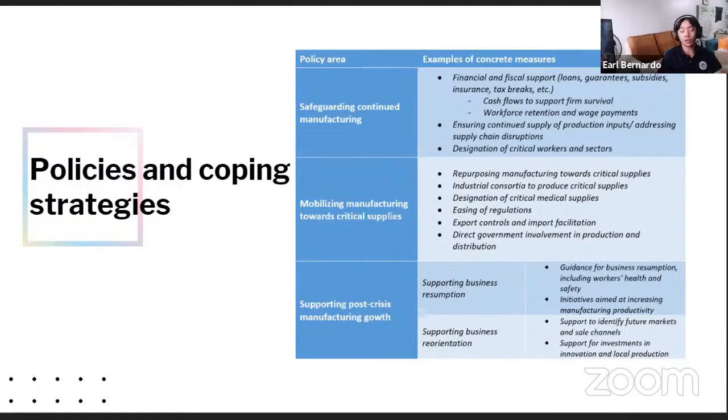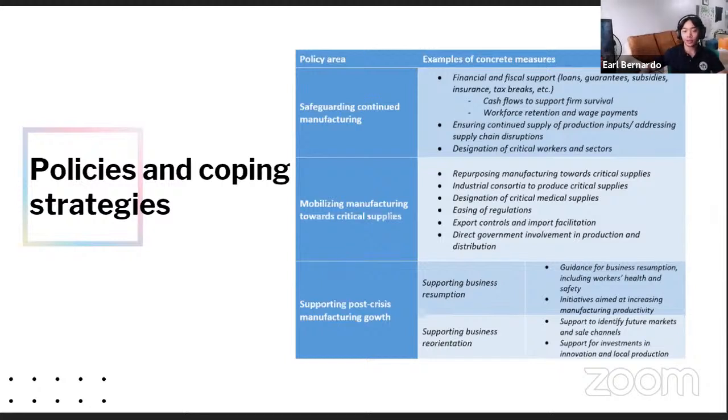There is ensuring continued supply of production inputs and addressing supply chain disruptions. So paano mas magiging efficient yung paggalaw ng mga supplies para hindi magkaroon ng disruption or mas maging continuous yung pag-produce ng supplies, mas lalo na yung mga critical supplies na kailangan for this pandemic season.